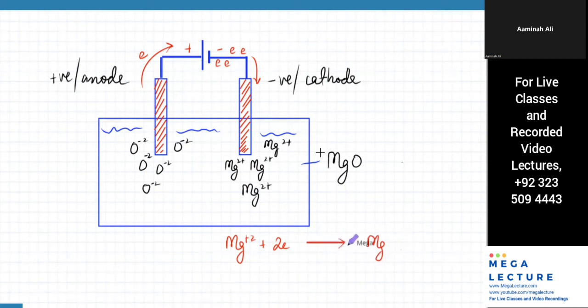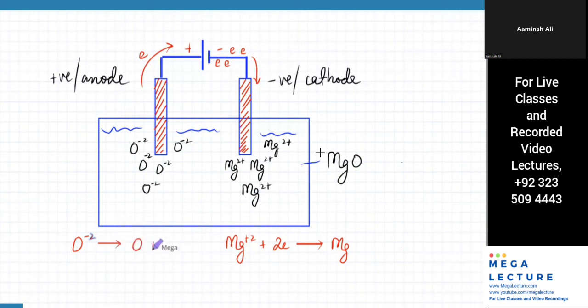And what's going to happen at the other side? What's the equation? Oxygen is going to lose electrons, but since it's diatomic, we're going to multiply it by 2. So oxygen is going to lose 2 electrons.